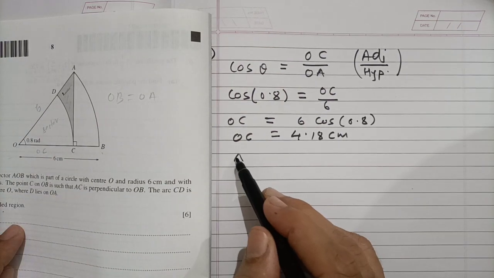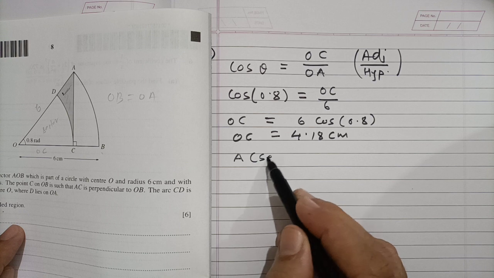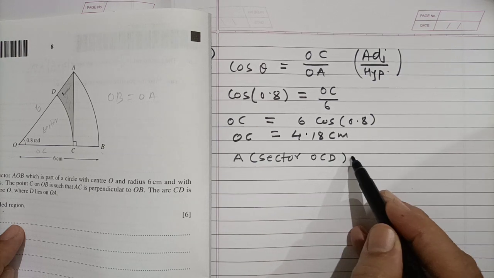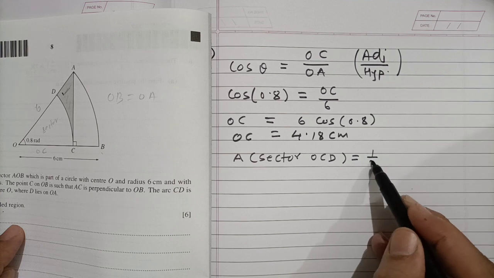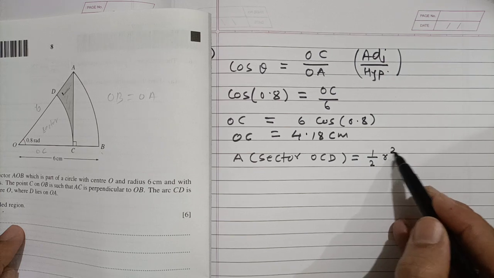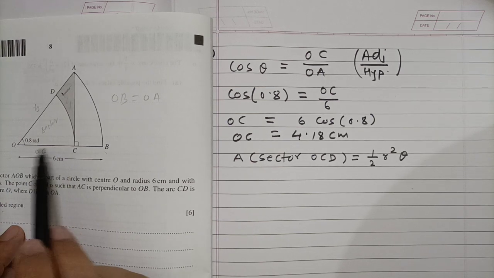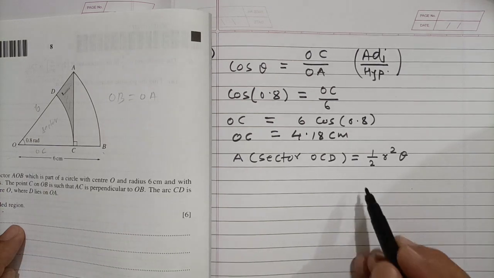So the area of sector OCD is equal to half r square theta. Now the value of r, that OC we have already.